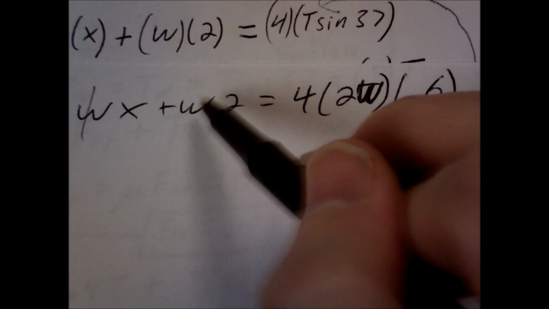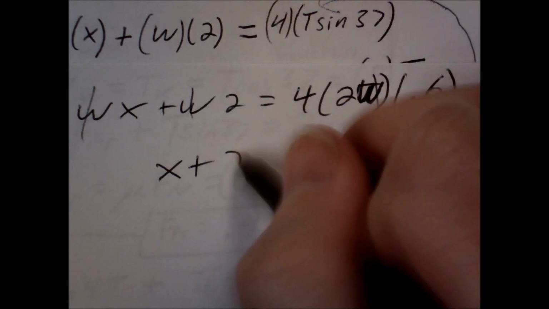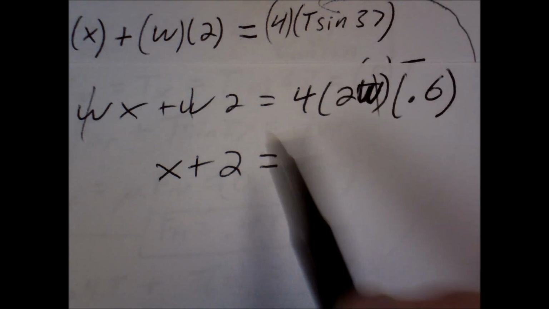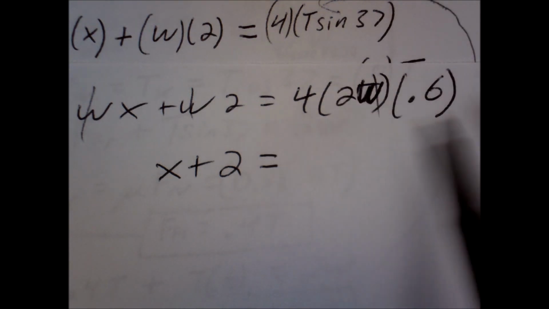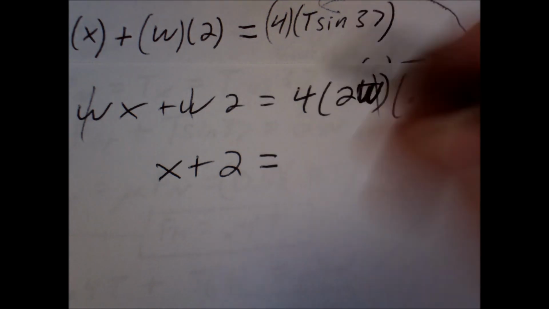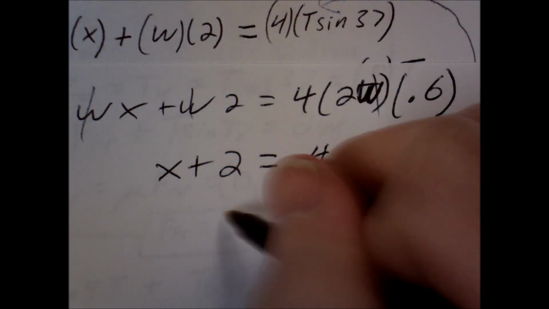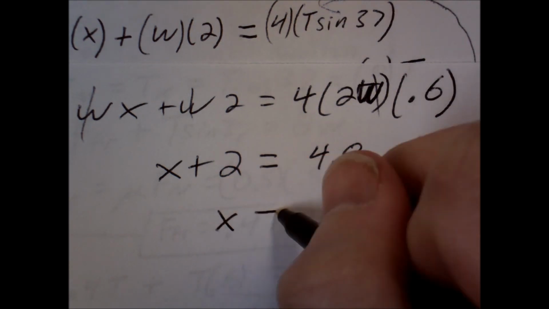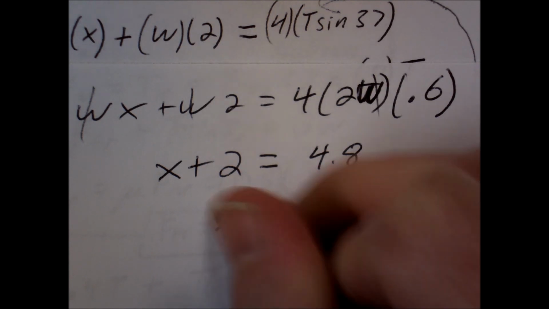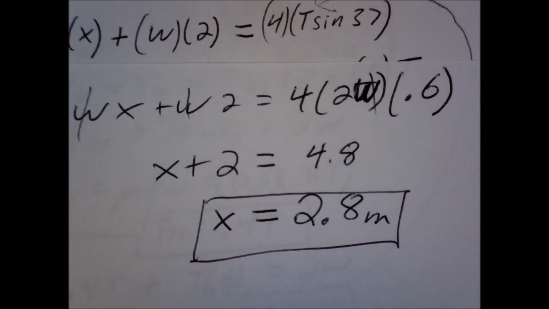Cancel out W. X plus 2 equals 4 times 2, which is 8, times 6/10, 4.8. X equals 2.8.